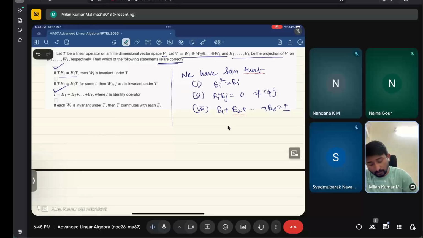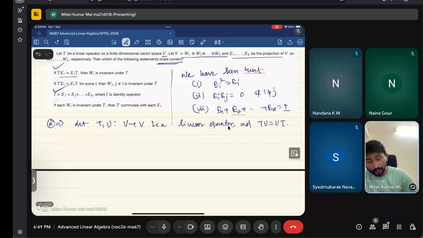So for this first option, option A, I will give something a little more general. Let T and U from V to V be linear operators, and TU is equal to UT.